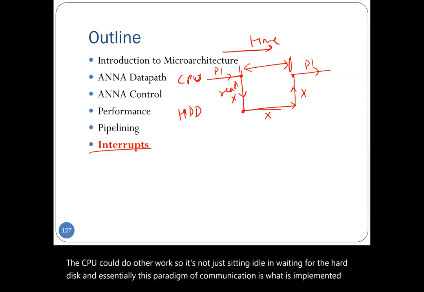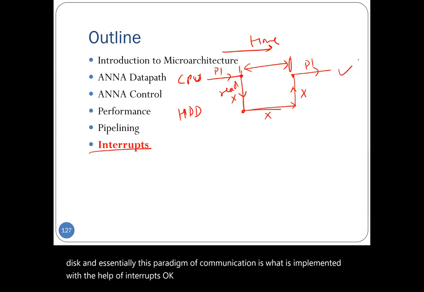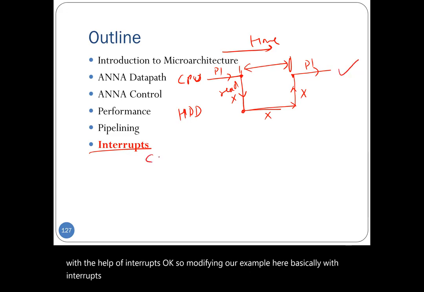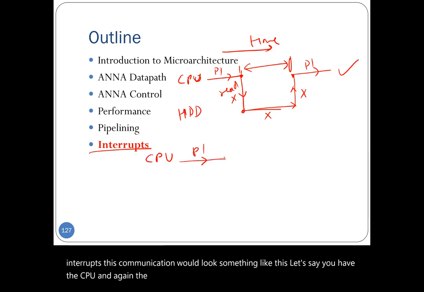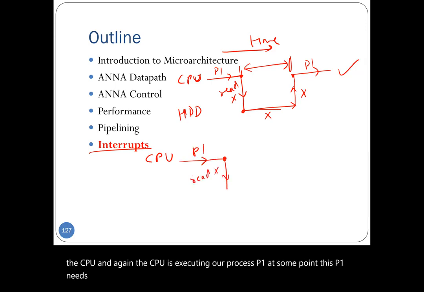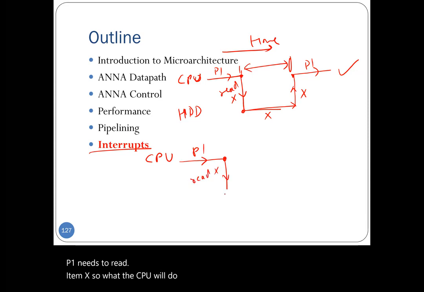Modifying our example here, with interrupts this communication would look something like this. Let's say the CPU is executing our process P1. At some point P1 needs to read item X. So the CPU will send this request for reading X to the hard disk.